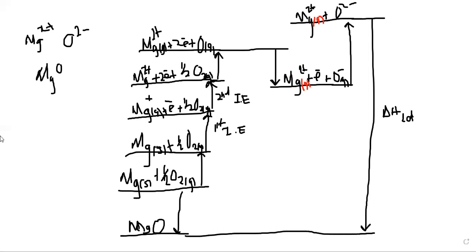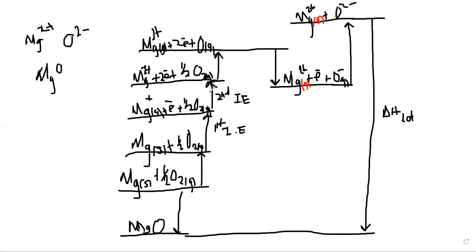We're going to do, what was it? Aluminum chloride. No. So just to recap quickly, magnesium plus half O2 to give magnesium oxide. That's the direct route. First thing we do is convert solid magnesium to the gaseous state, that is atomization. Magnesium must lose 2 electrons, so we do first and second ionization energy.